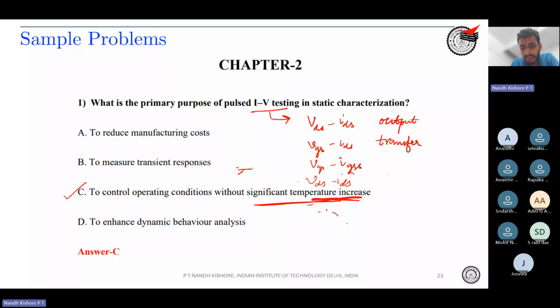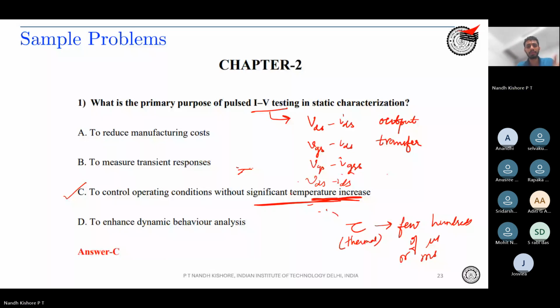Generally, the thermal time constant is of the order of a few hundreds of microseconds or milliseconds. So what is thermal time constant? For this much increase in temperature, how much time does it take?